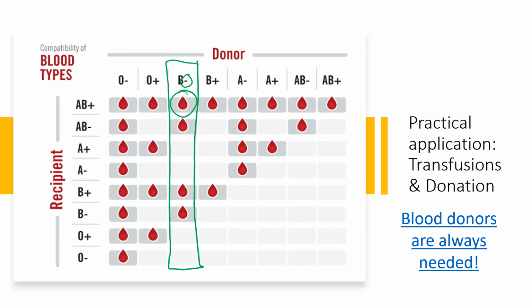Why can't I donate to type A negative blood? We're both negative. Right. It's because type A blood will have anti-B antibodies. If they get my blood, they'll attack my blood and they'll be just as sick as they were before.